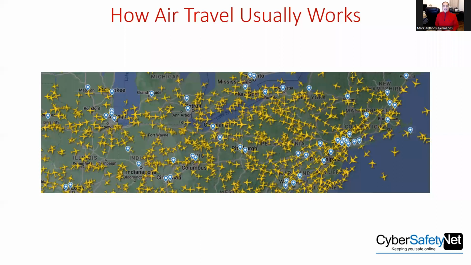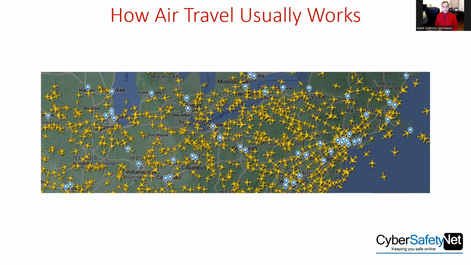We don't think about air travel and all the nuts and bolts behind the scenes that make it work. But let's talk about that now. And I'm going to share the screen again. Actually, it's a PowerPoint. This is a rather busy graphic. Chicago on the left, New York on the right.